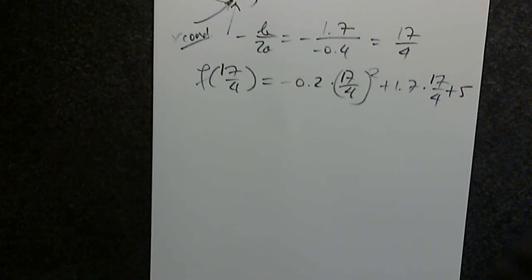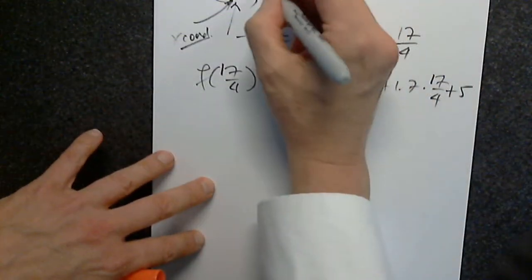And second table, and I want to plug in not 7, but 17 divided by 4. And I get 8.6125. And that is the maximum height, 8.6.